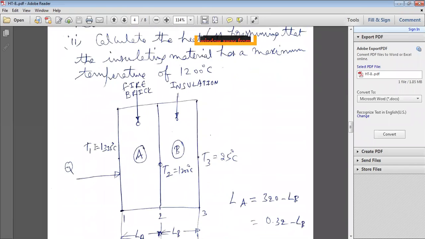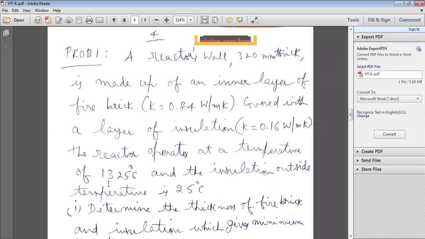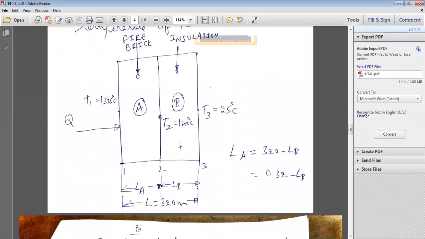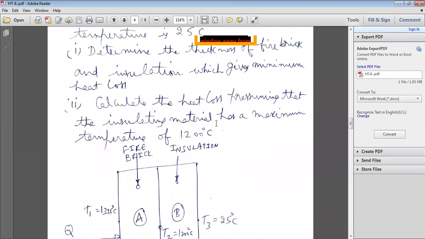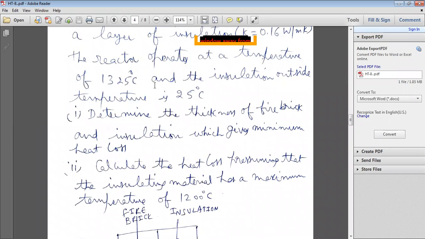Reactor inside temperature is 1325 degrees centigrade, and the insulation outside temperature is here. We have T1, T2, T3. T1 is 1325 degrees centigrade. T3, the insulating material outside temperature, is 25 degrees centigrade.